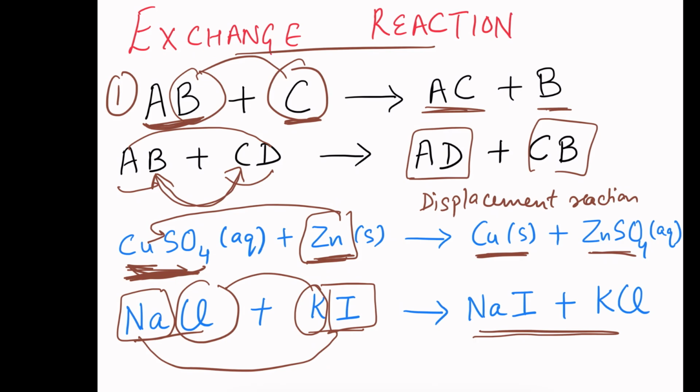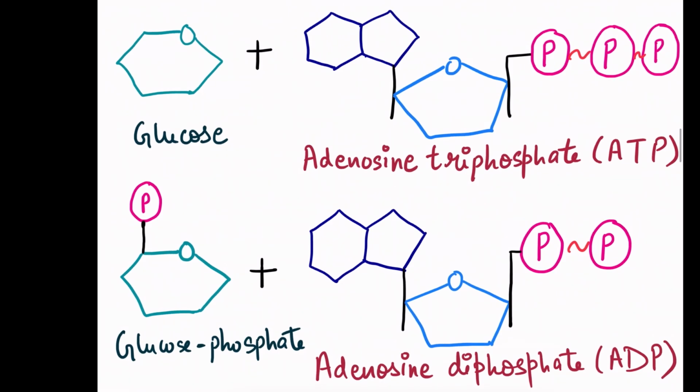Let me discuss one of the biological reactions. Now this involves a glucose molecule. As you can see, glucose is a 6-membered molecule with oxygen here as one of the ring atoms, and then this is adenosine triphosphate. Adenosine is a combination of adenine plus ribose sugar.